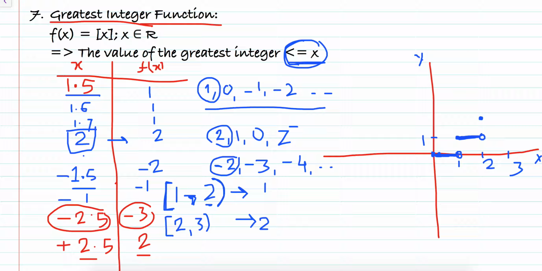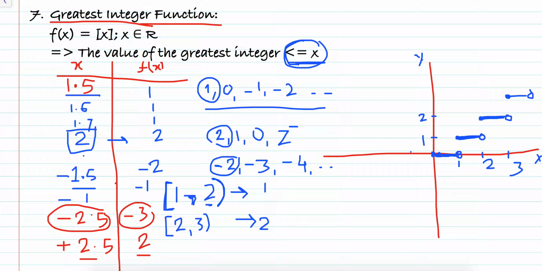So we will draw a solid circle at 2. And similarly for all the values from 2 to just less than 3, so 2.1, 2.2, 2.999, it's equal to 2, but at 3 it's not 2. At 3 it's 3, and so on.